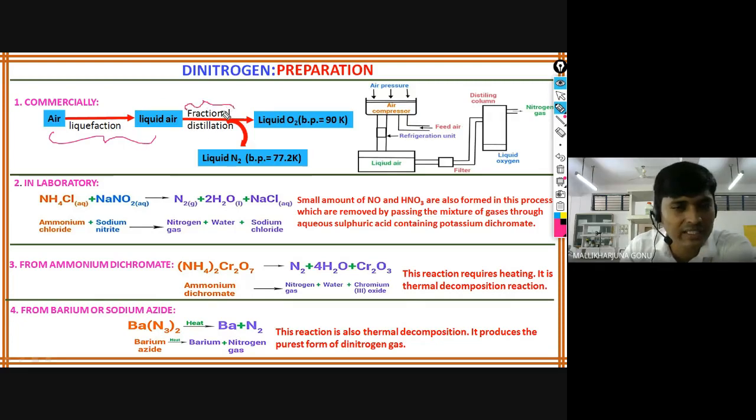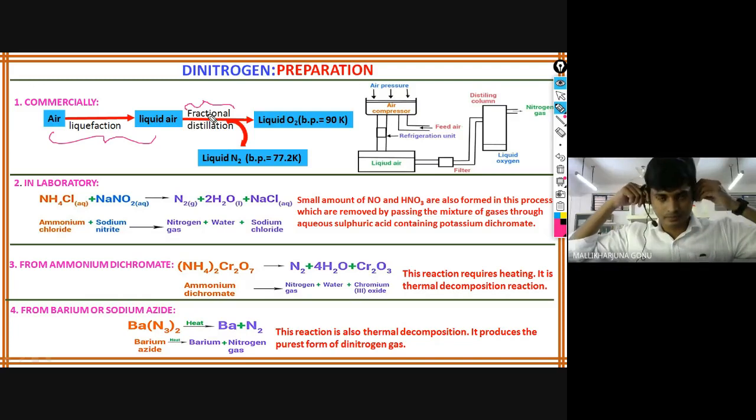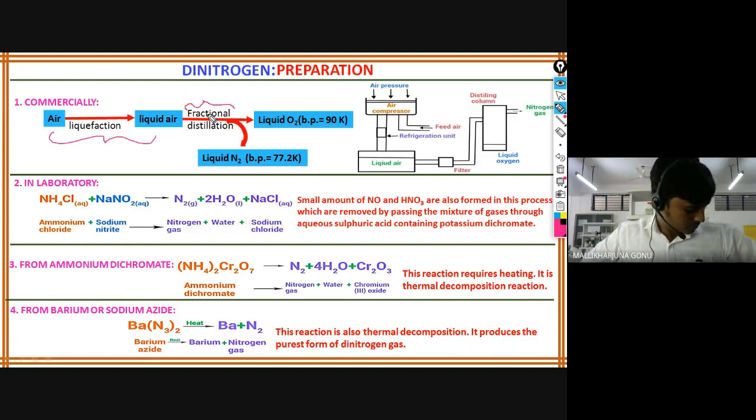You know what fractional distillation means? What is fractional distillation, Vidisha? Vidisha, do you know the meaning of fractional distillation? Rohini, what is fractional distillation? Aishwarya, are you there?